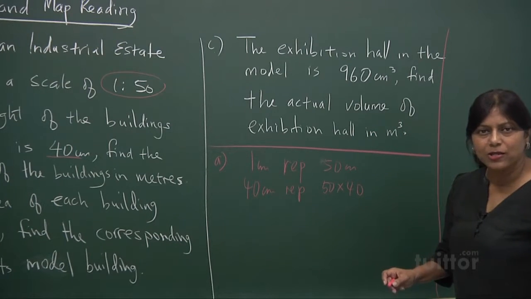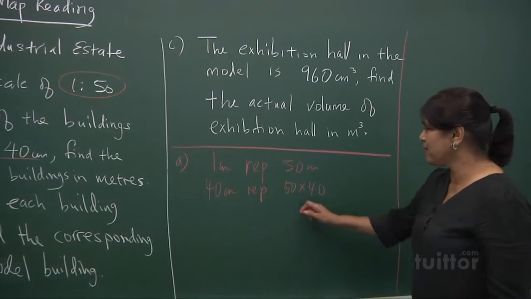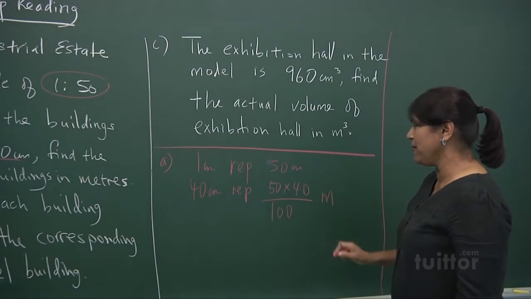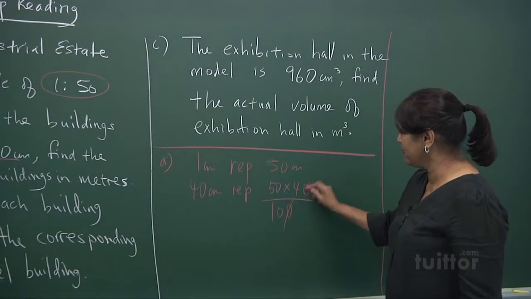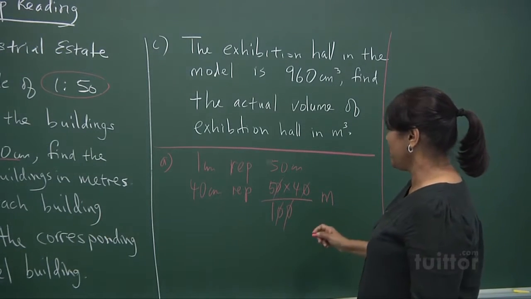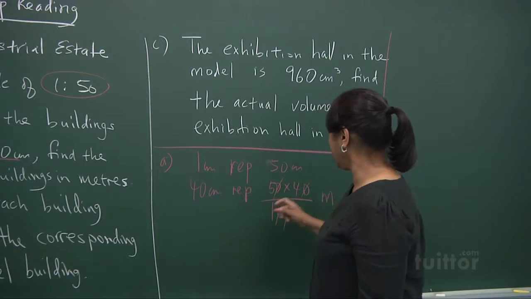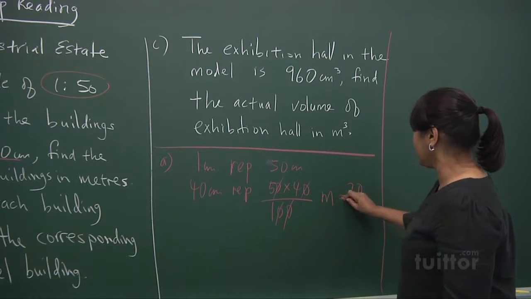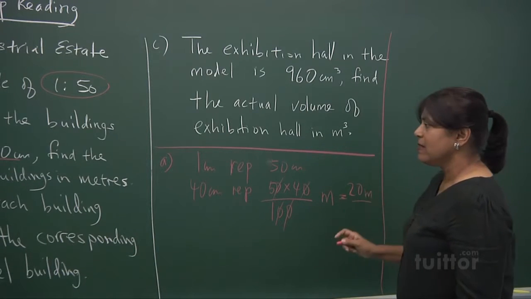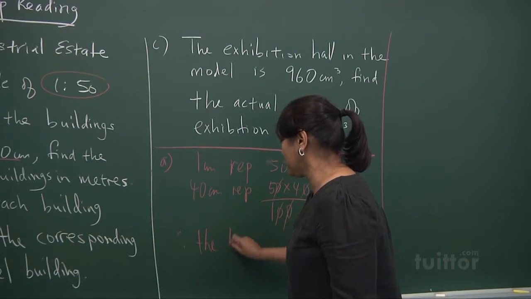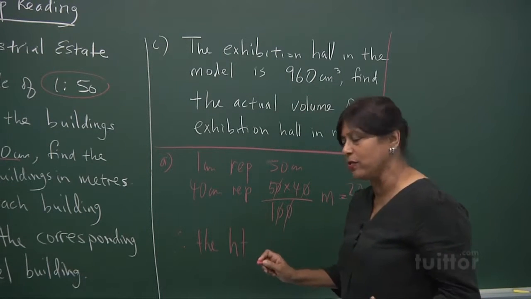But I want to change it to meters, so I divide it by 100, and that will be in meters. Cancel, cancel. That's 20 meters. So the height of the actual building is 20 meters.